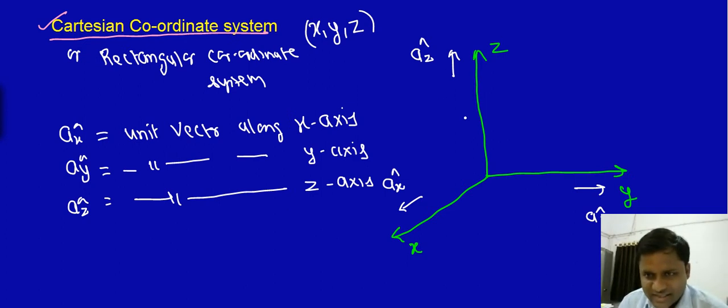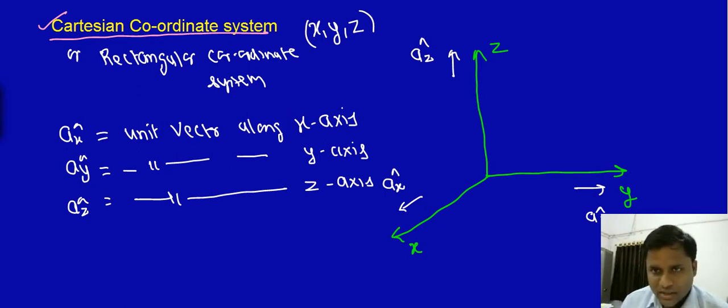That means x is increasing in this direction, z is increasing in this direction, and y is increasing in this direction, and this unit vector only represents the direction where the object is moving or increasing. This is the base concept.